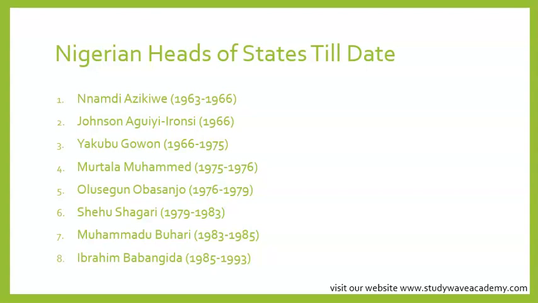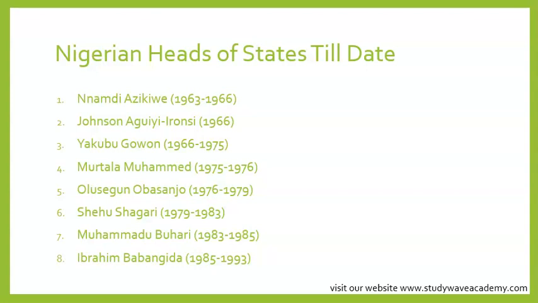After Gowon, Murtala Muhammed took over from 1975 to 1976. Then Olusegun Obasanjo took over from 1976 to 1979. Then Shehu Shagari took over from 1979 to 1983. After Shagari, Muhammadu Buhari took over from 1983 to 1985.